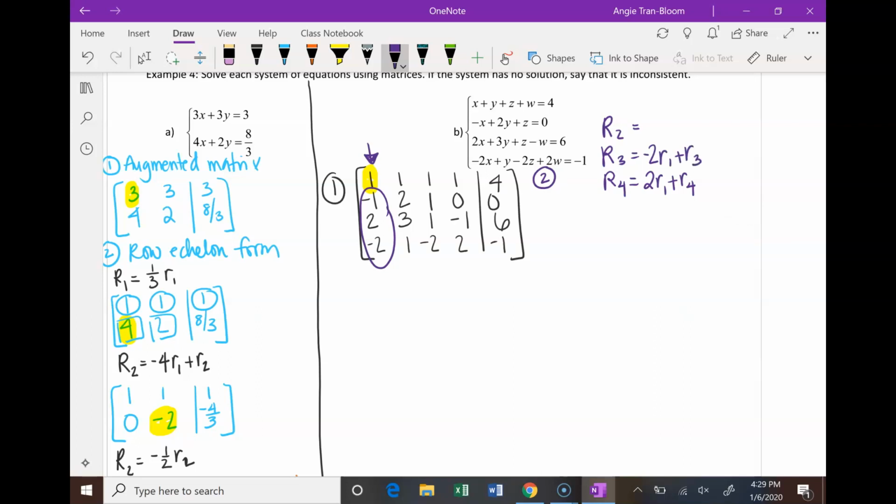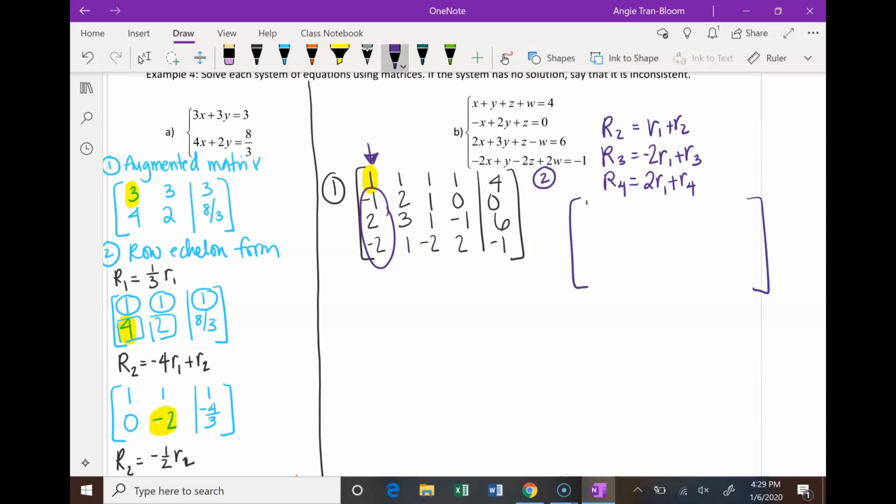Same thing with row 2: multiply its opposite, which is 1. 1 times R1 plus R2. But remember, 1 times anything is itself, so this step you can even think of as just adding row 1 and row 2. So that's our next matrix.